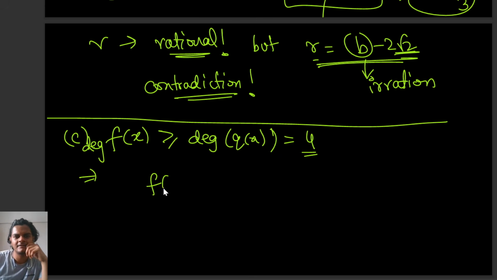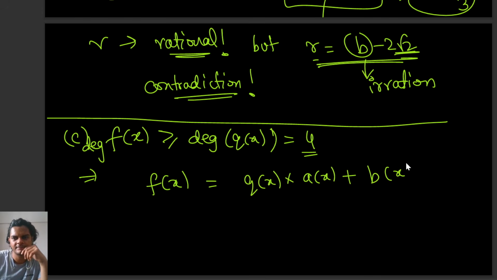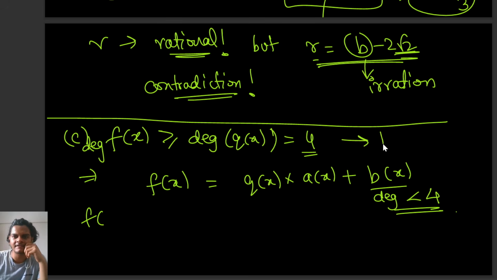So that will imply that f of x can be written as some q of x into a of x plus b of x, where degree of b is strictly less than 4, right? Obviously. And all are rational coefficients.